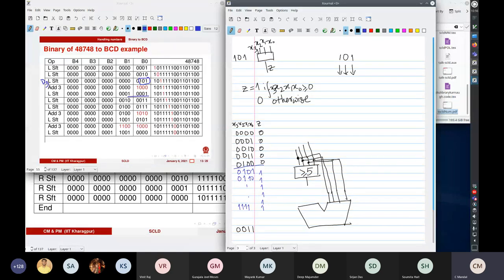And then you want to add 3 conditionally. So how do you add 3 conditionally? So these are obviously going to be 0, and you can have 2 AND gates. Okay. You can have 2 AND gates. This coming here, this coming here.